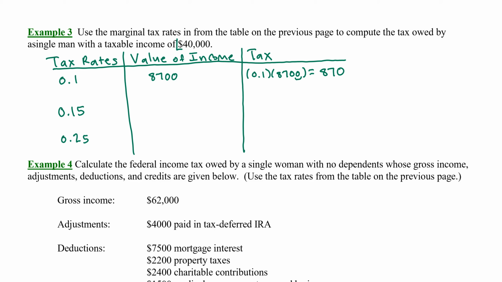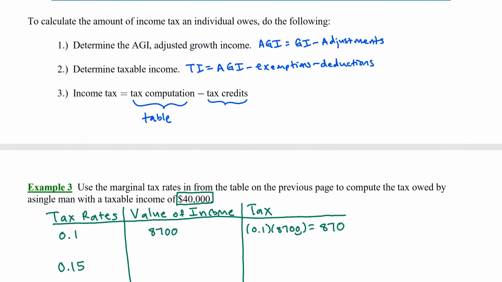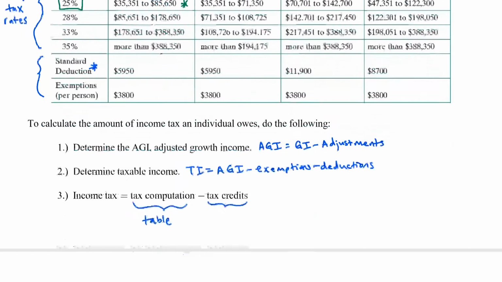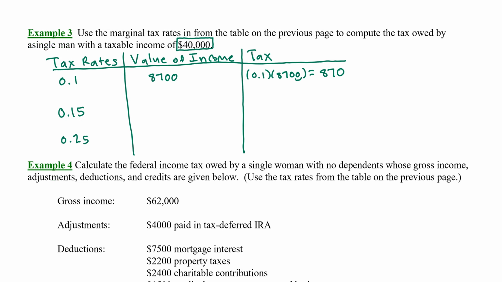But don't forget, his total income is $40,000. So next, we're going to figure out the amount of his income that is between the $8,700 and the $35,350. So what we're going to do is take the top value, $35,350, and subtract the $8,700 that he has already paid taxes on.